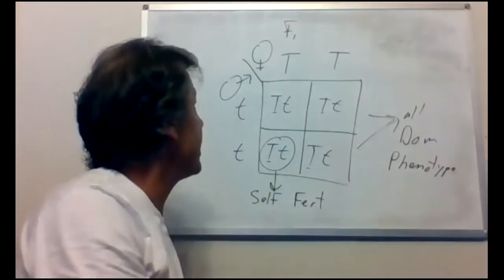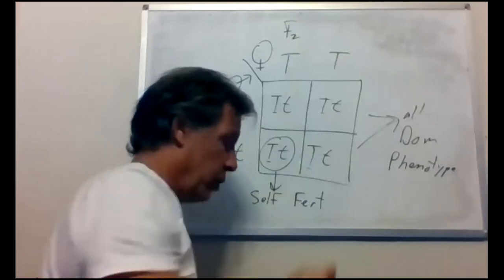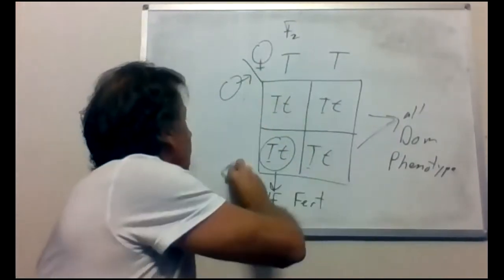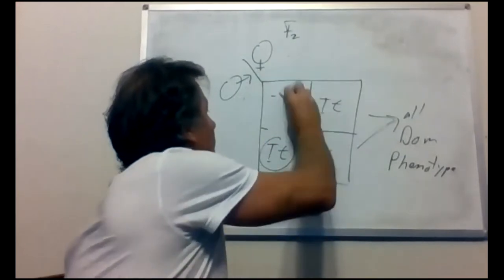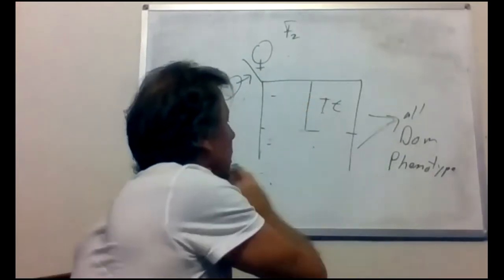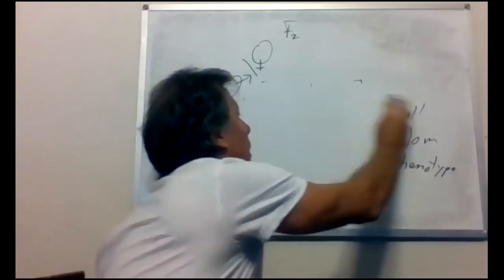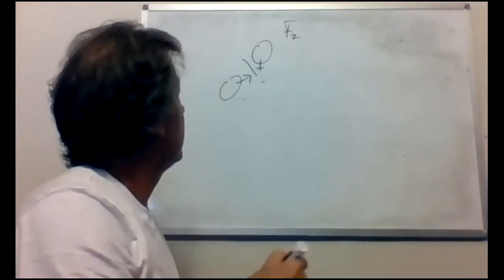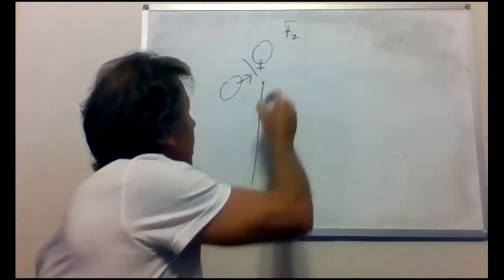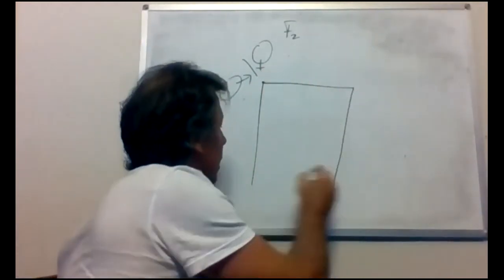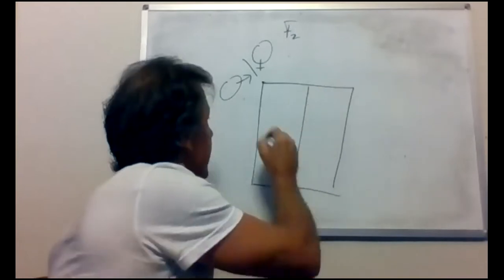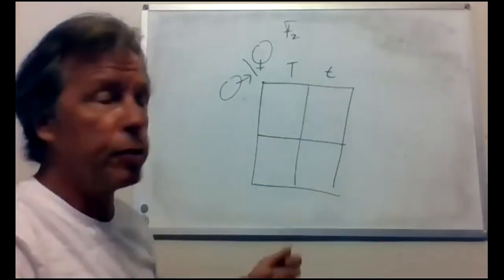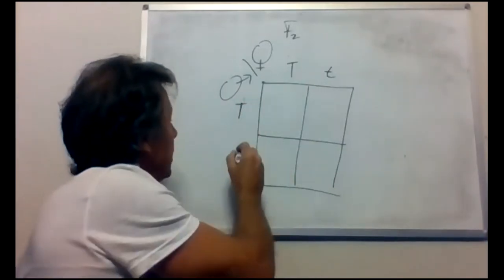Okay, so you start self-fertilizing. The F2 generation, then, if we look at the self-fertilization, since it's the same plant, both parents are the same, and we know that both parents are heterozygous genotype.